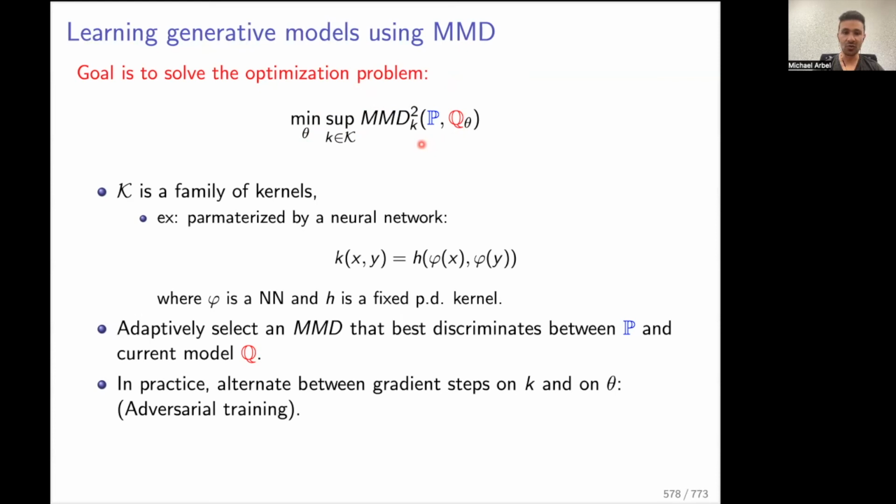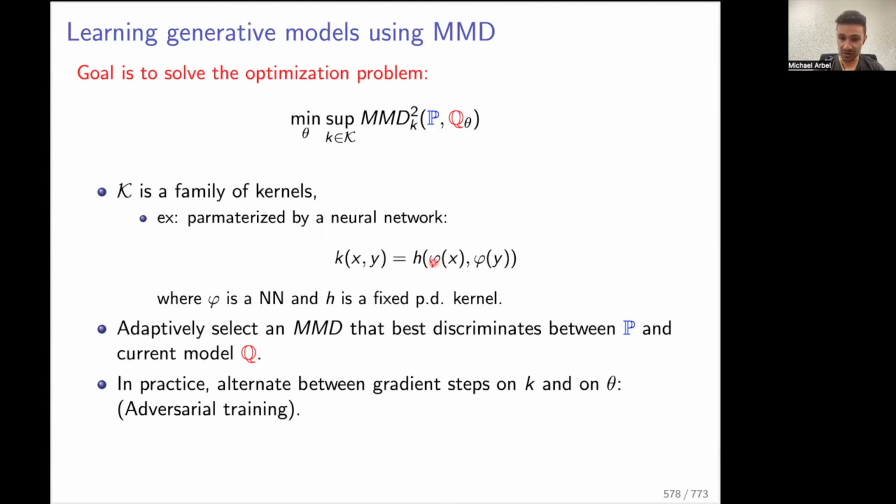And one can define such a family of kernels in a very simple way, which is as follows. So basically, you would pick a fixed kernel, like a Gaussian kernel, that would be defined on some feature space. So instead of taking as input the raw pixels directly, it would take some features of the data. So here, these features would be computed by some neural network.